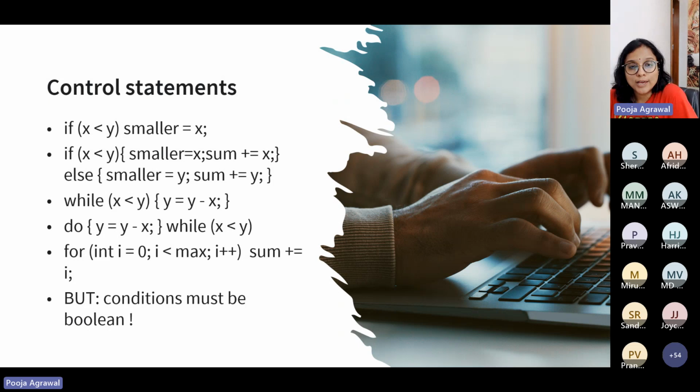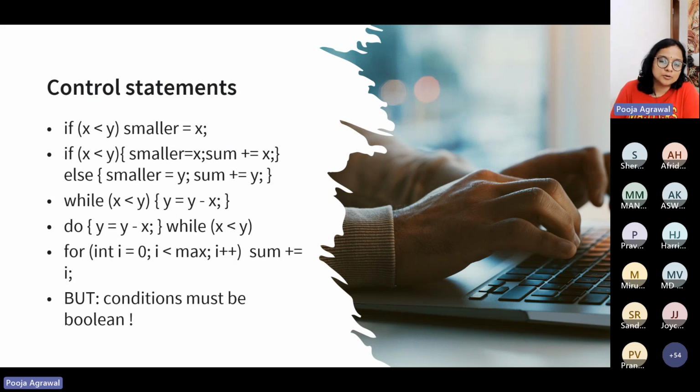Similarly, you have a do while loop. So in a do while loop, your code will run for the very first time from the very beginning to the end and only then check the condition. Do means we enter the loop with y equal to y minus x, and this will keep running until the condition for the while loop is not satisfied.